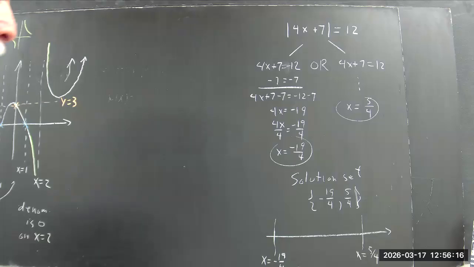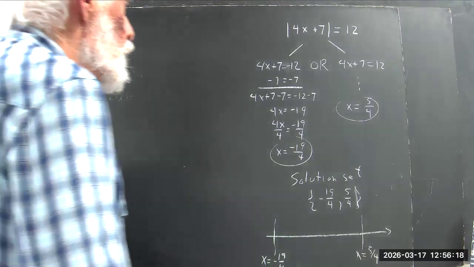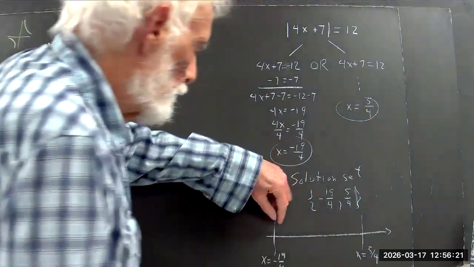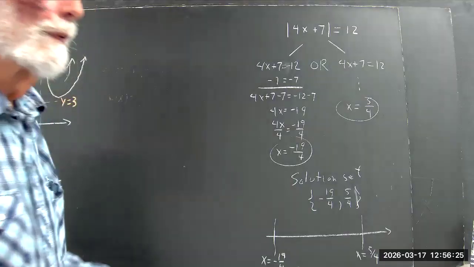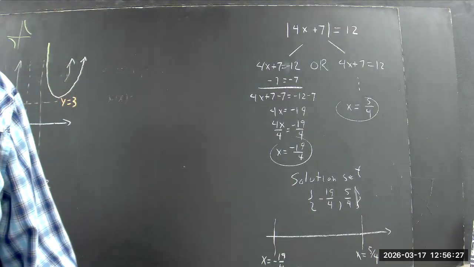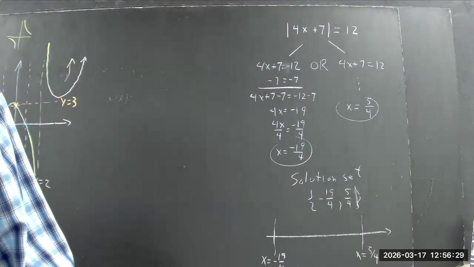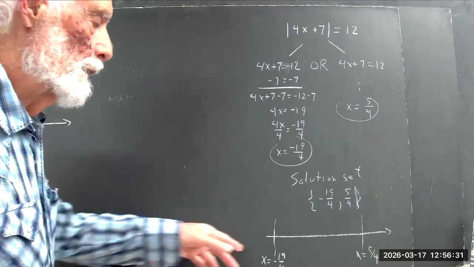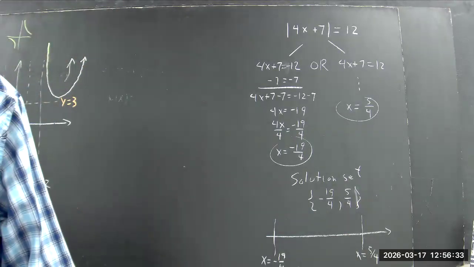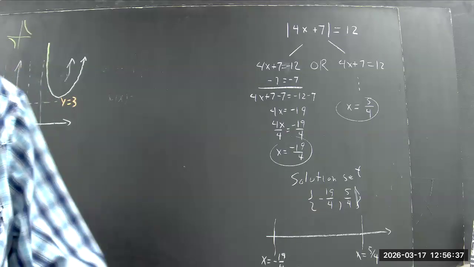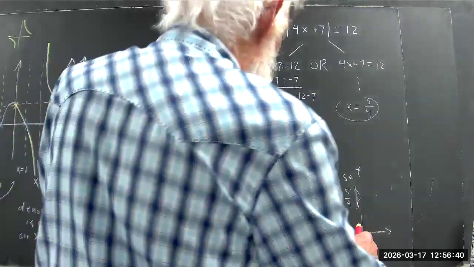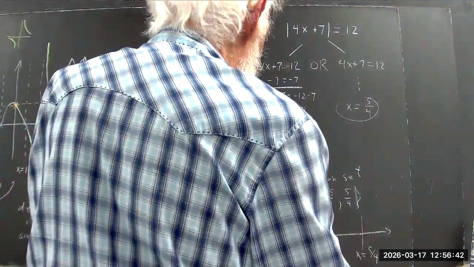Then I'm going to pose a question. What number is exactly halfway between negative 19/4 and 5/4? How do you get the number halfway between two numbers? You add them and divide by 2. Okay, so let's say halfway between, I'm just going to mark it halfway between.